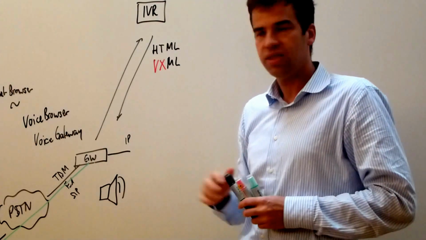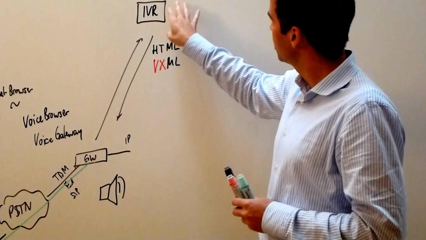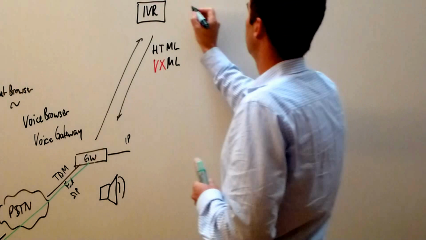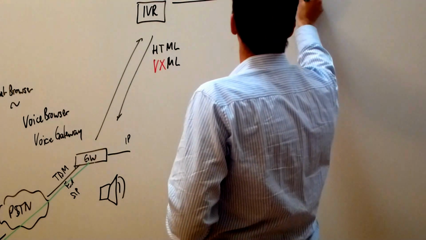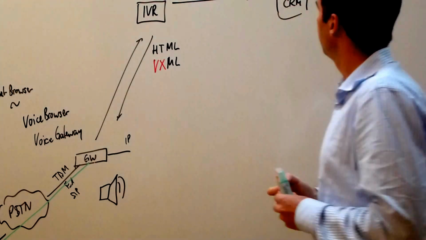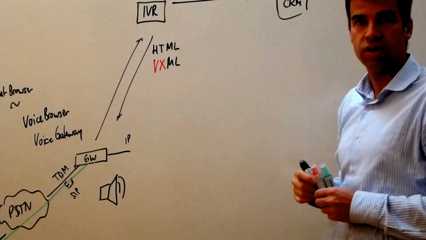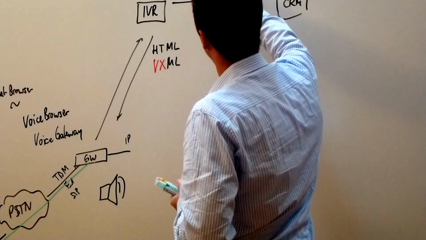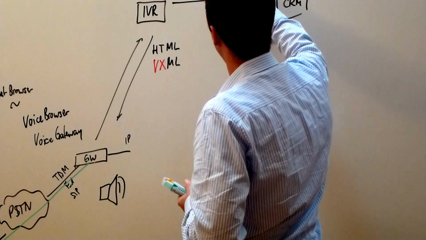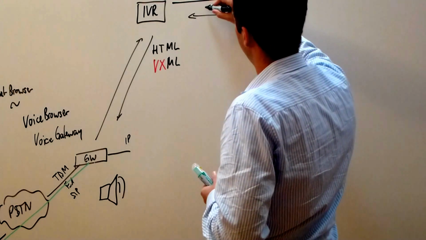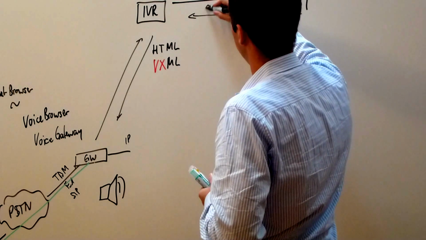The customer enters his account number, and this can then be used to make a back office integration, for example, to a CRM solution. Here you might have a database of some sort, where we will, for example, retrieve a customer profile. We make a query: do you know this calling line ID? And the CRM tells us back, okay, this is the customer profile.